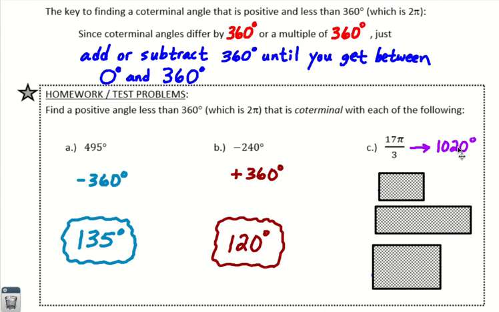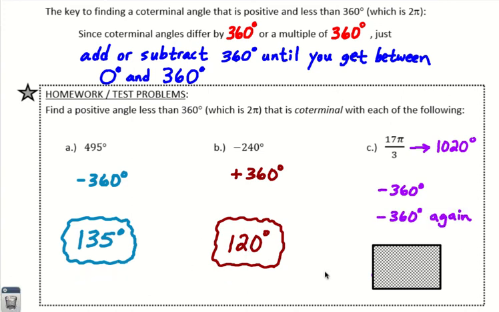Well, if we subtract 360 from 1020, what does it get? That's just going to get you to 660. 660 is still too big. So we subtract 360 again because we need to get a final answer like that. And I think that's all there is to that section.